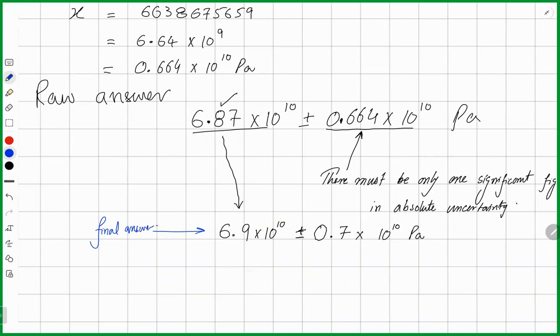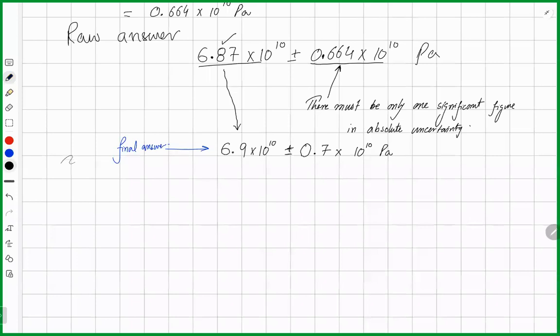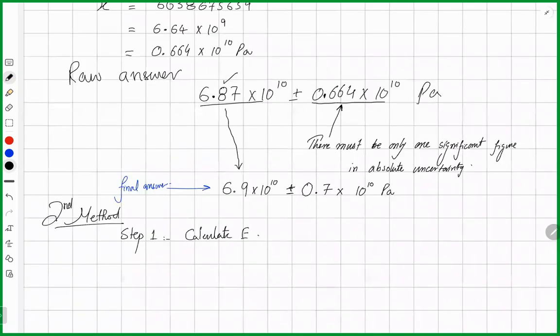Now, what is the second method? Step 1. Calculate E, very much like you already did. In the previous one, the step 1 was the same.